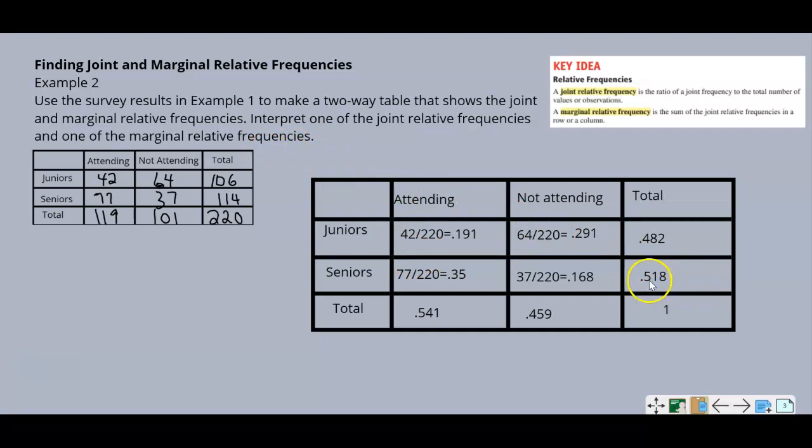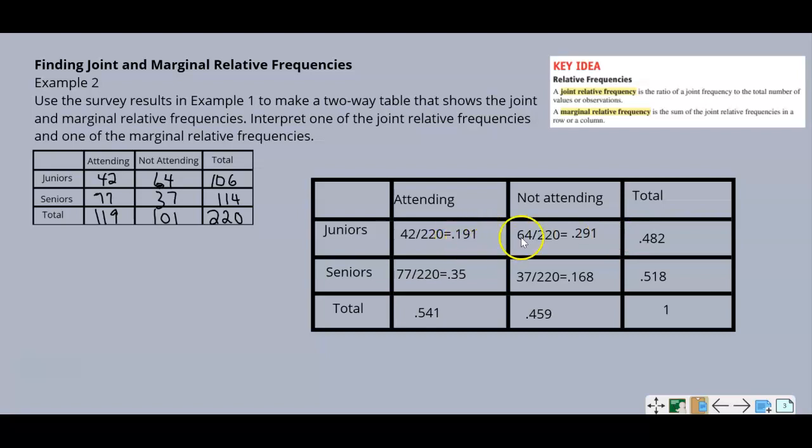Let's choose this one right here, 0.518. This is the whole row of seniors, so this tells me that 51.8% of the people attending the concert, the event, prom, whatever it is, are seniors.